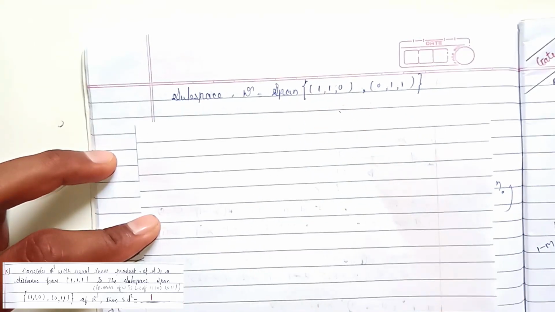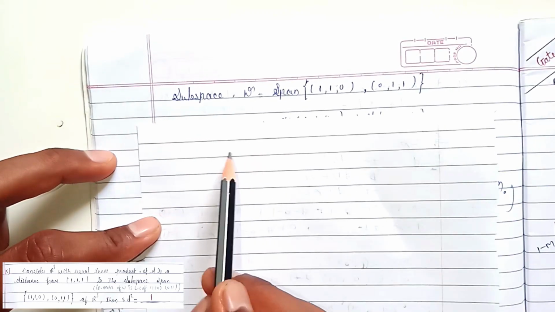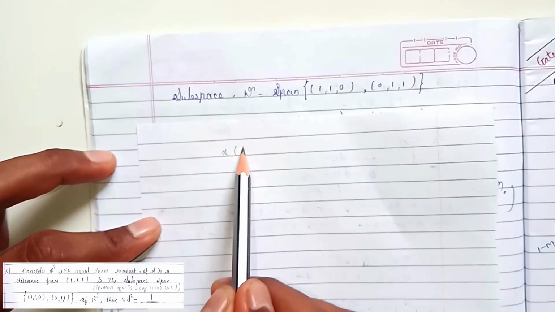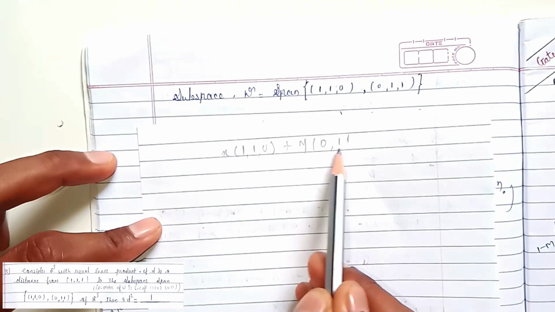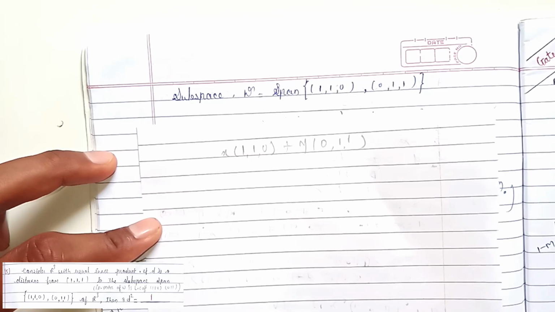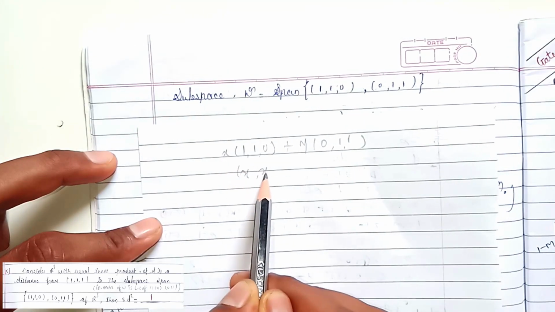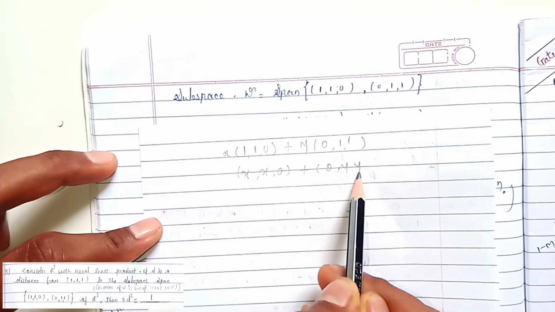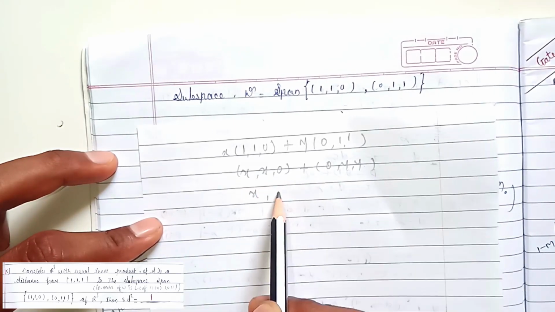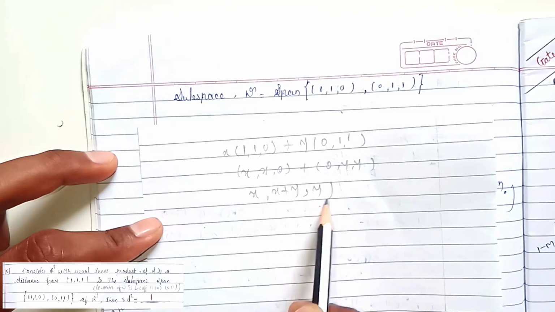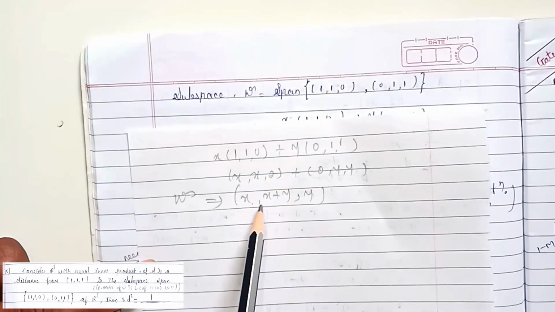The span can be written as a linear combination of these two vectors: x multiplied by (1,1,0) plus y multiplied by (0,1,1). This gives (x,x,0) plus (0,y,y). Adding the corresponding ordered pairs, x plus 0, x plus y, and 0 plus y, I get the subspace W as (x, x+y, y).